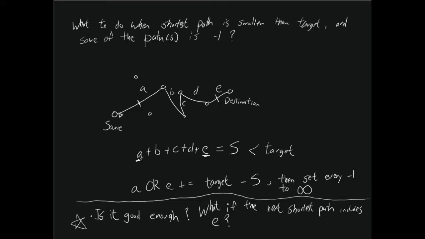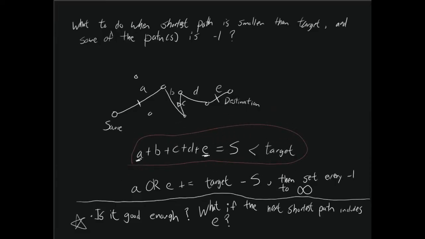Imagine the shortest path is this. This path is the shortest path that our Dijkstra found. And this A and this E happen to be -1 paths, which means we can increase the weight on them. And we can get a formula something like this.